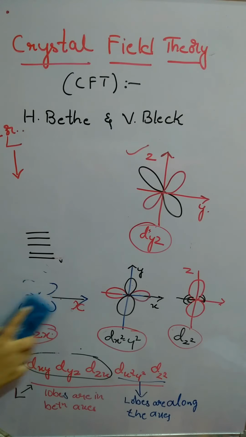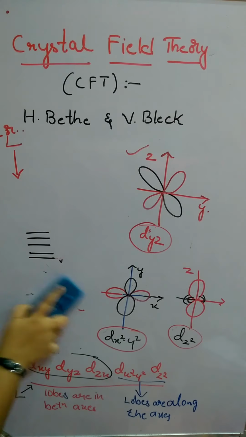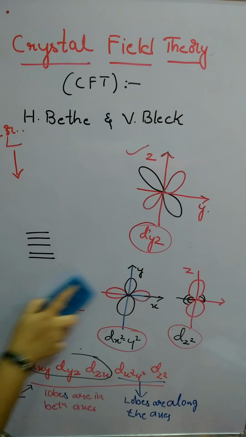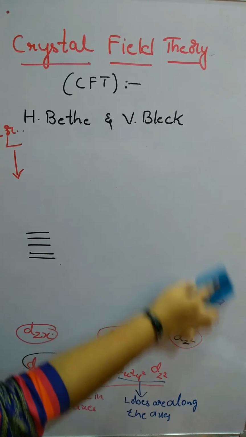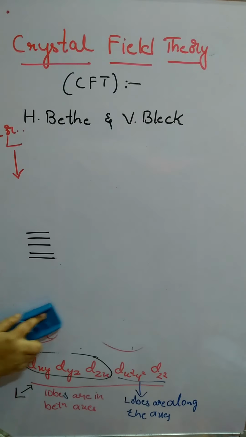Because of this repulsion, the energy is going to increase. But the energy of all the orbitals increases in the same manner.